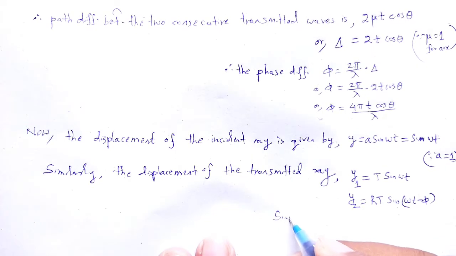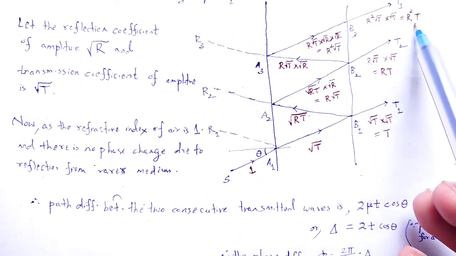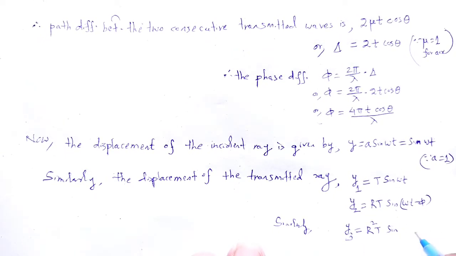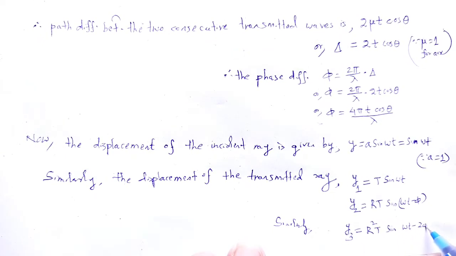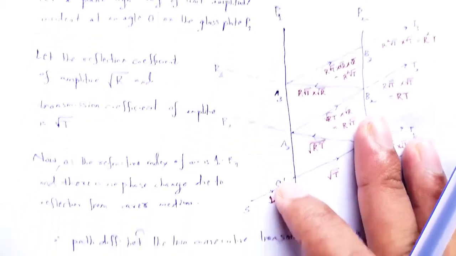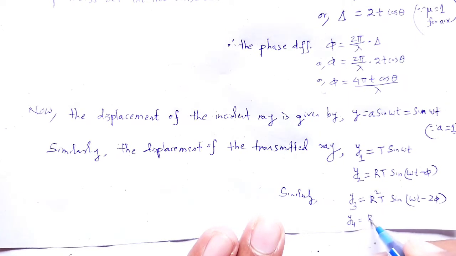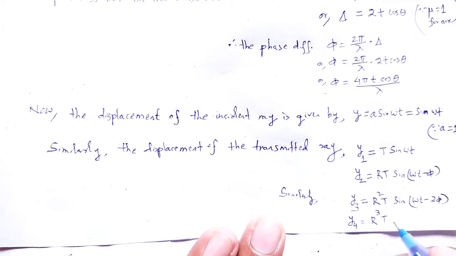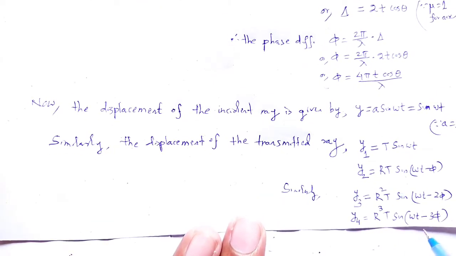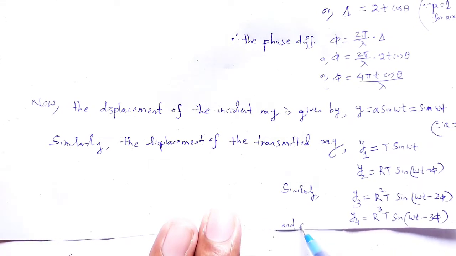Similarly, y3 has amplitude r square t, sin omega t minus 2 phi, successive phase angle change, and y4 is r cube t sin omega t minus 3 phi, and so on, that proceeds.